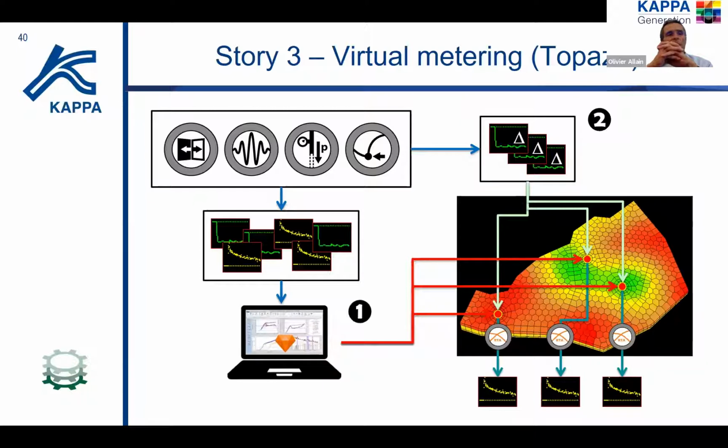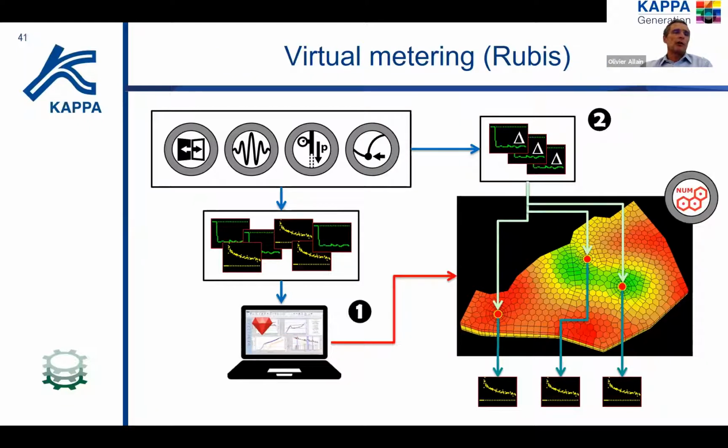So this can be done on a single well basis in a green field when no strong interferences is felt between the wells, or if we are in a situation with significant interferences, then a single Rubis document could allow virtual metering on a number of wells at once.